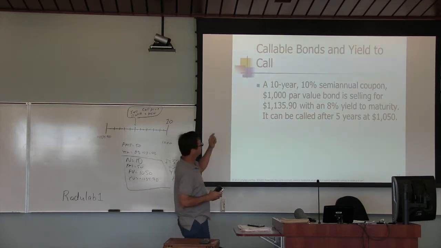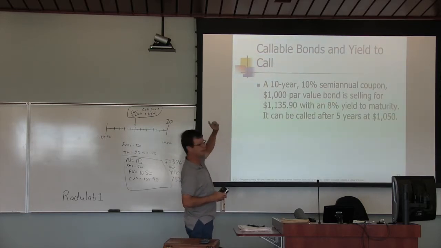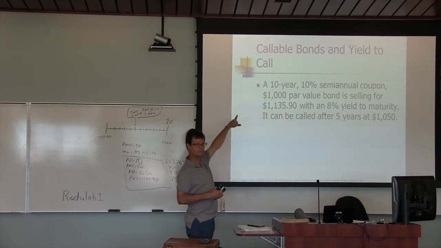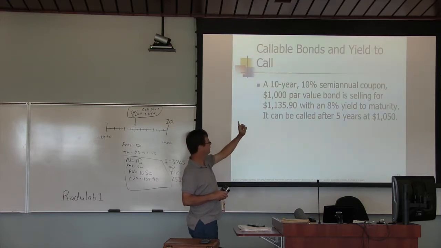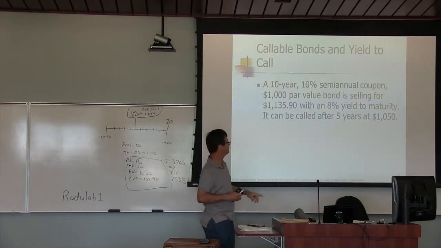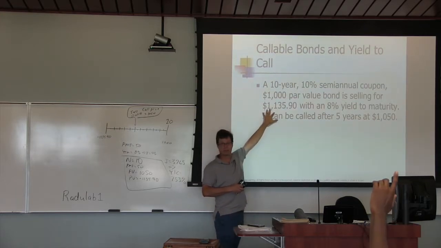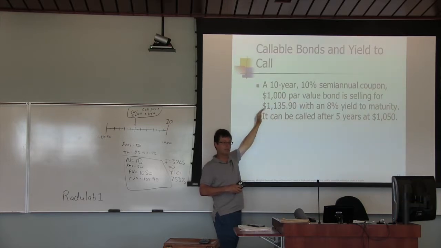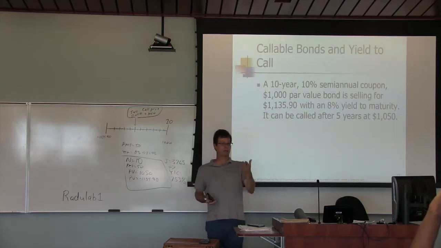You've got payment of 50, you've got N of 20, you've got 4% yield per 6 months, right? So your I would be 4%, and then you could use that information to find that price of $1135.90. Okay? And then you would be off to the races for your yield to call calculation.